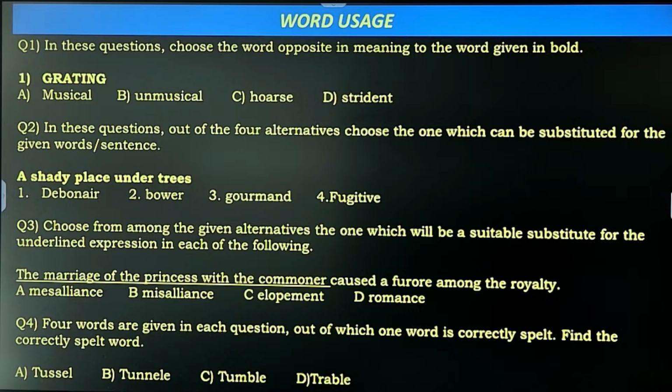Shall we discuss quickly? So understand these are all speed games, right?